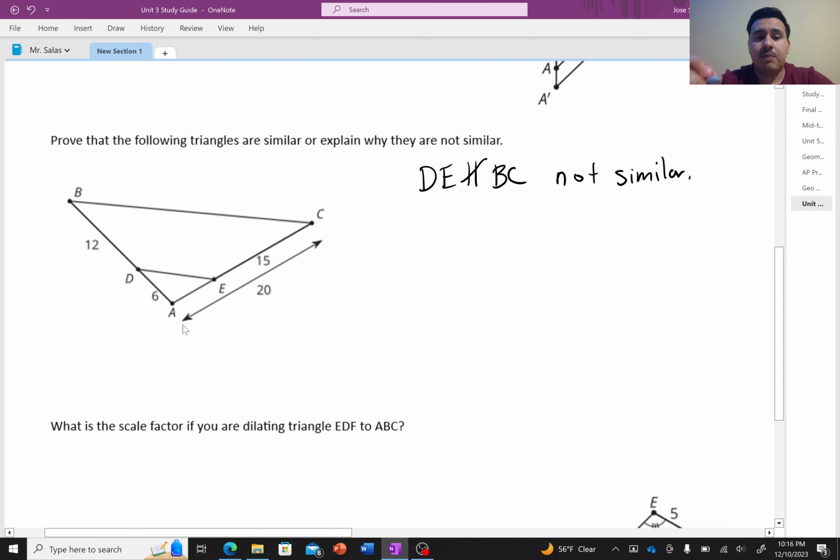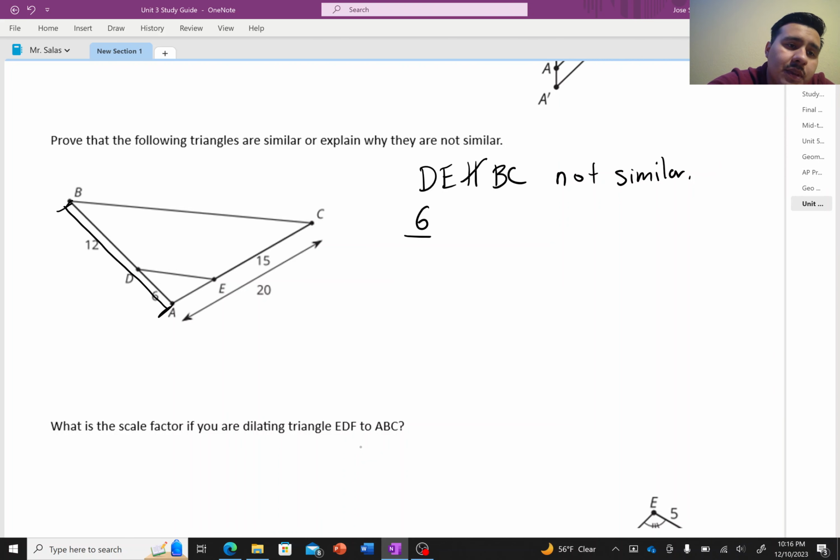So, for example, I'm going to take AD. That's 6 divided by, well, what is the total of A to B? From this length here and this length here, the total would be 12 plus 6, which would be 18.